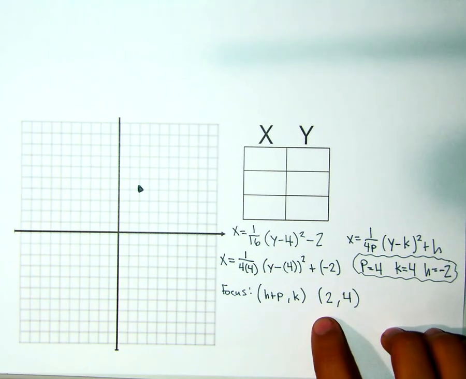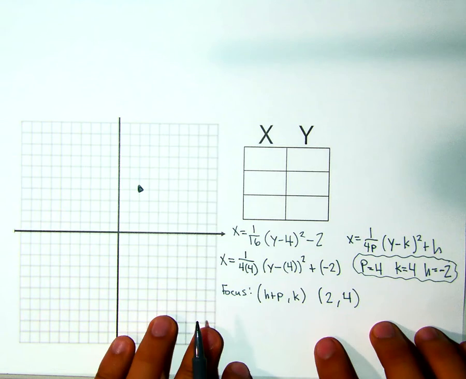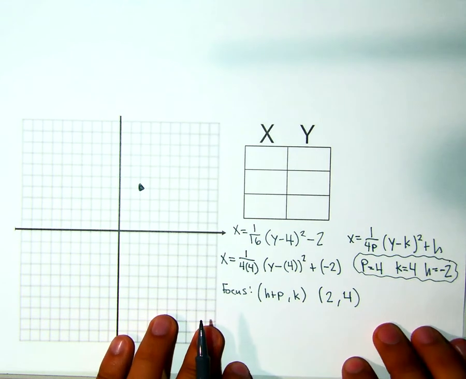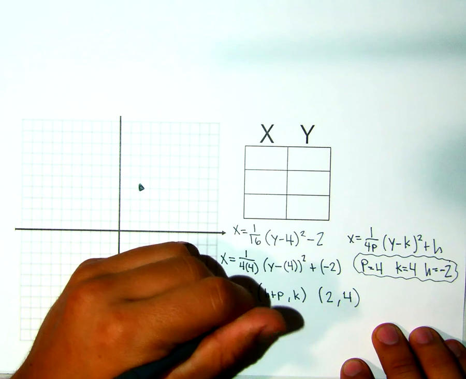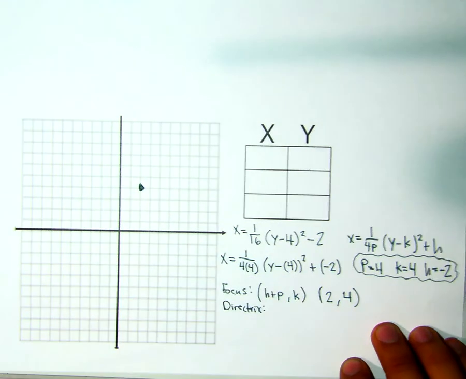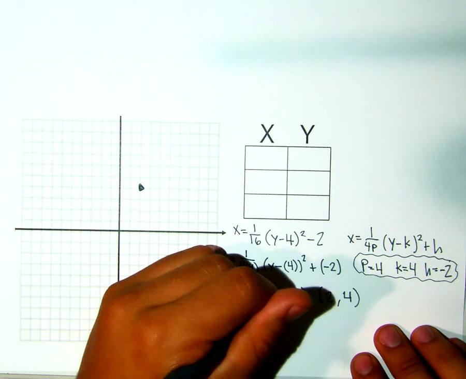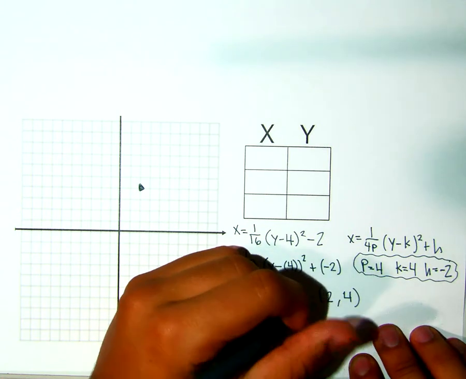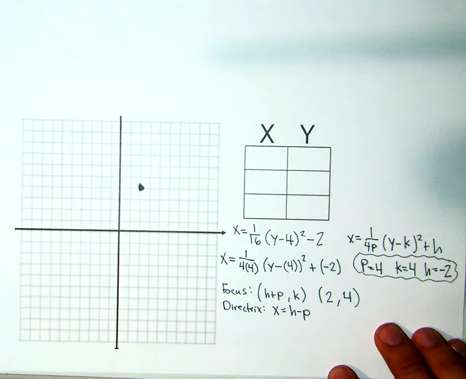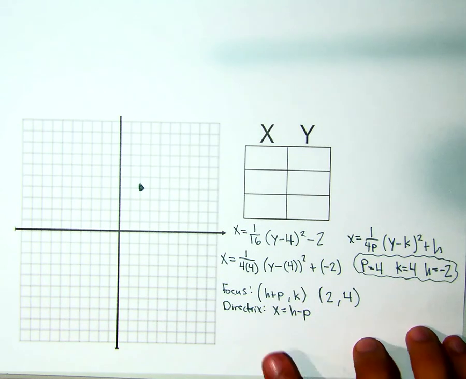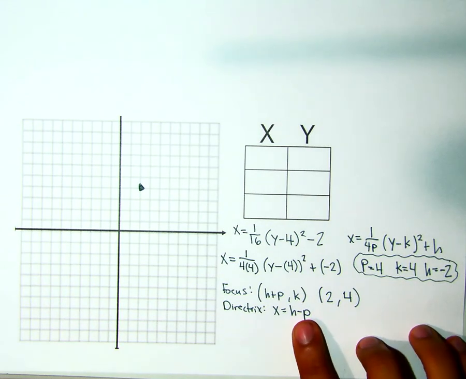The next equation they give us is the directrix, and the standard form for that is x equals h minus p. So what is h minus p?